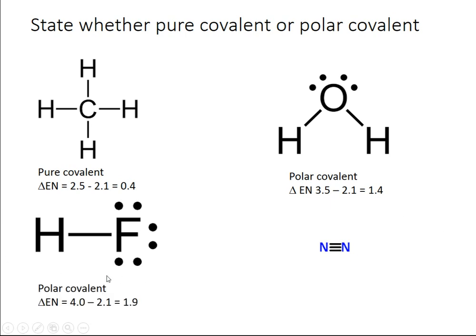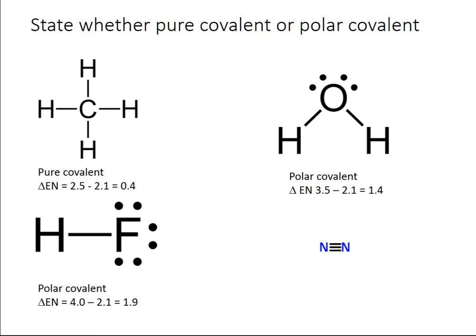We do the same thing here. We subtract the electronegativity of hydrogen, which is 2.1, from that of fluorine, which is 4.0. And we see the answer here is 1.9. And remember, this 1.9 is between 1.6 and 2.0.